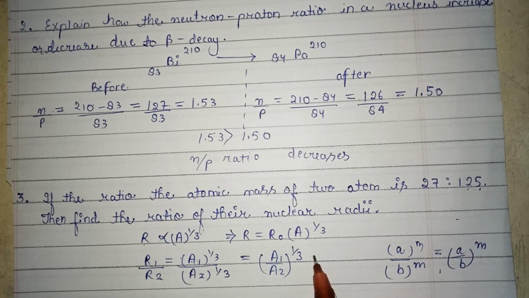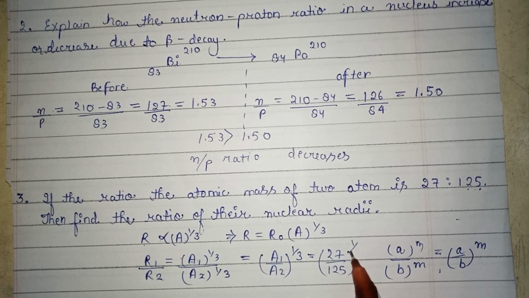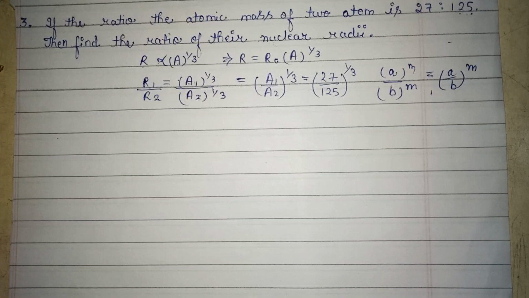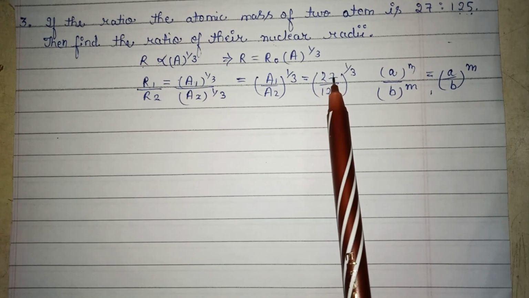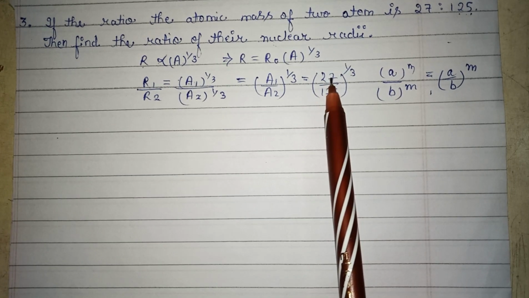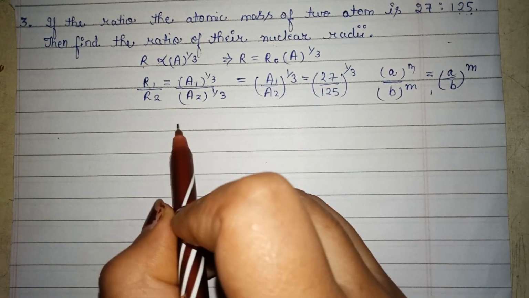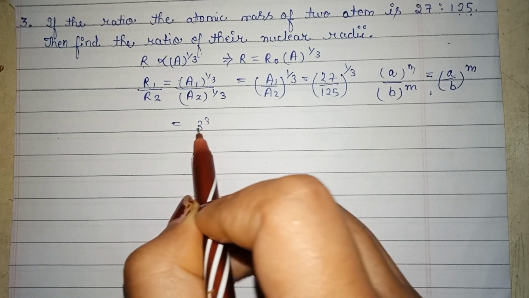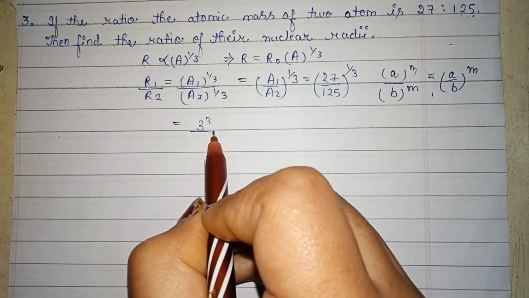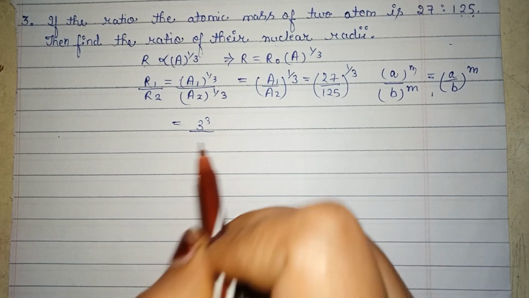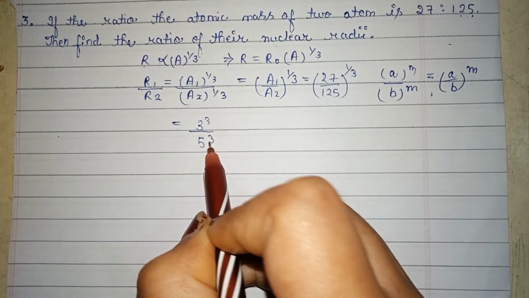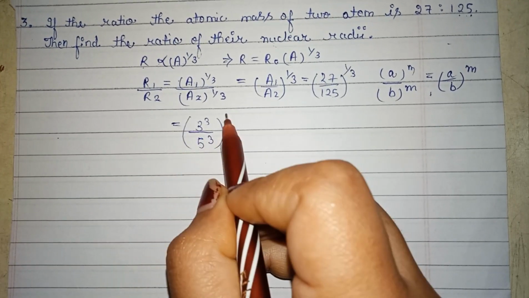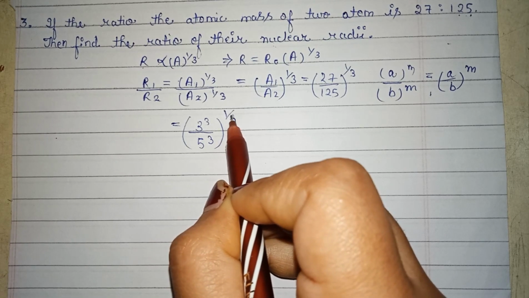So we can put 27 upon 125 in place of A1 upon A2, raised to the power 1 by 3. Here we know that 27 is equal to 3 raised to the power 3, so we can write 3 raised to the power 3 in place of 27. Similarly, 125 is 5 raised to the power 3, whole raised to the power 1 by 3.